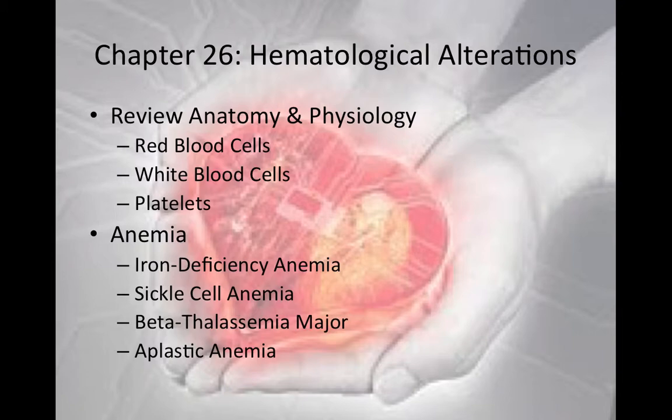Lastly, when we look at an appropriate nursing diagnosis for a child with sickle cell anemia, or shall I say in sickle cell crisis, one would be acute pain related to the effects of sickling.